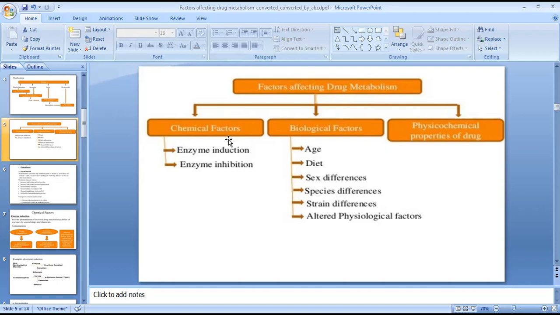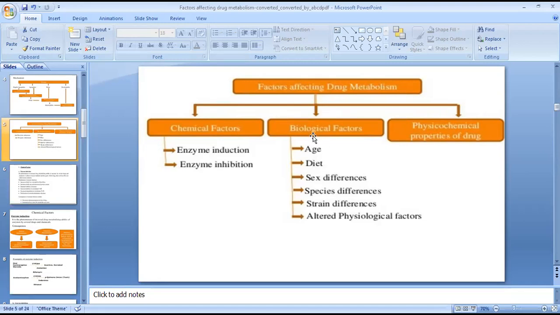At a particular time, this much amount of drug is metabolized. Now, the saturation of one metabolic pathway may change the metabolic pattern of that drug molecule.